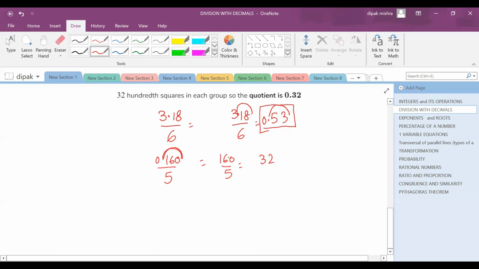But in your number, the original decimal was placed here, but now the decimal is placed here. So when you get the result 32, you again redo what you have done originally. You have to shift the decimal from here to here by 3 places, so 1, 2 and 3 places, and hence the value of this number is 0.032. So this is how you divide the decimals.